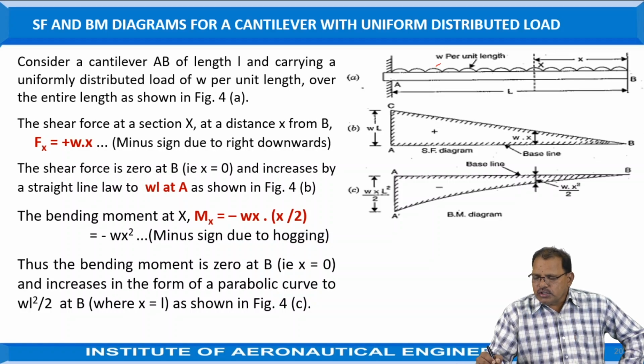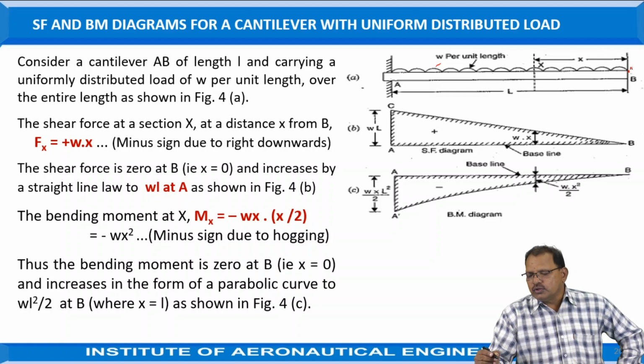Now, the shear force at B: because the load is uniformly distributed over its entire length, its load is w per unit length. Here at B, the length is equal to 0, so w into 0, because we are taking the free end as the reference point. At this position, the shear force is equal to 0.